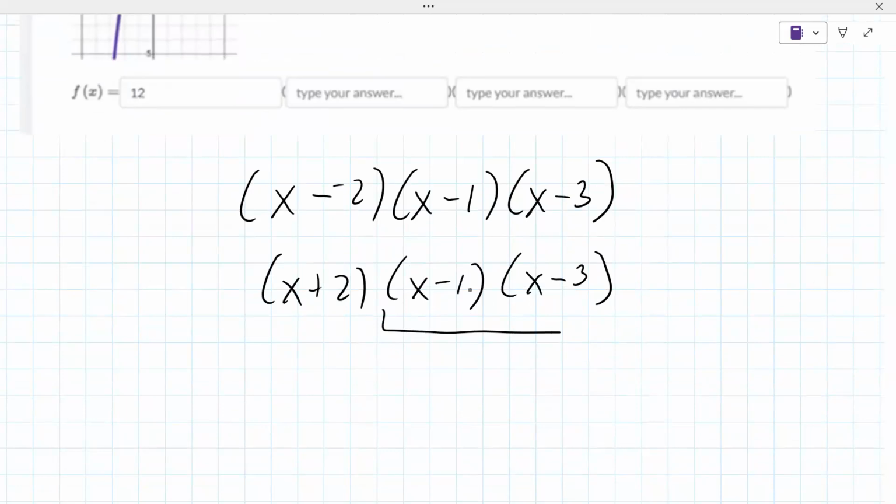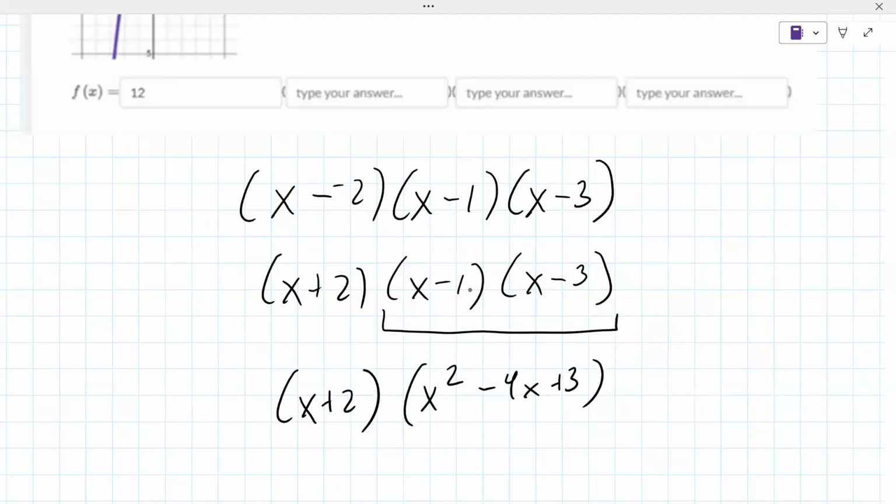And then you have to FOIL one of them or two of them, your pick. I guess I would tell you to FOIL these maybe. And then you have to multiply by the other. Once you FOIL this for us, or not FOIL now, you have to multiply x times each of these and 2 times each of these. Will you give that a try, please?